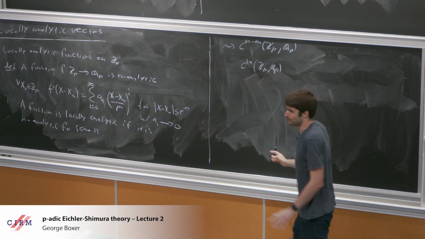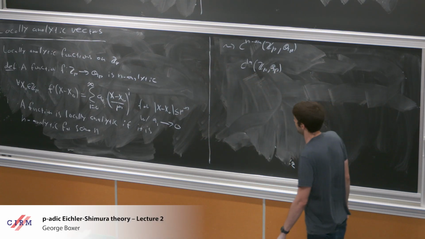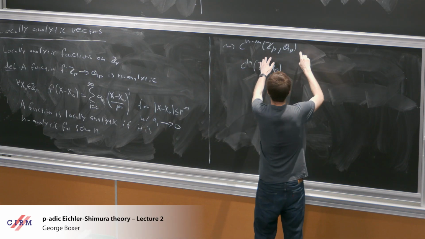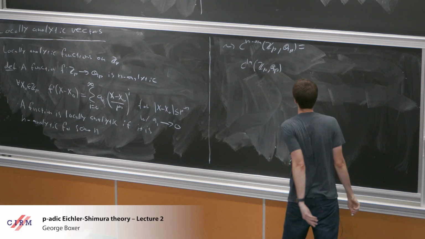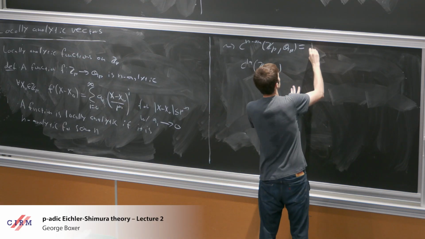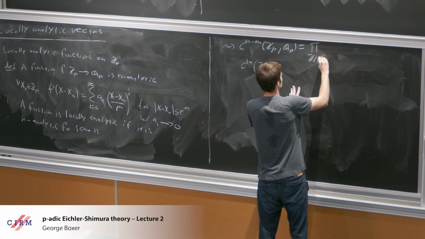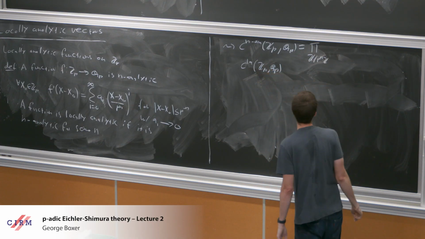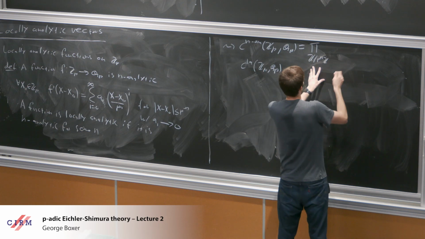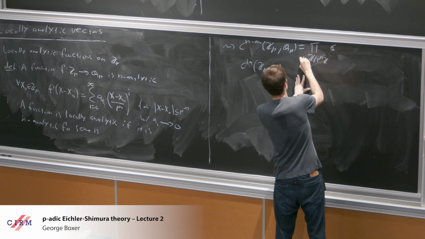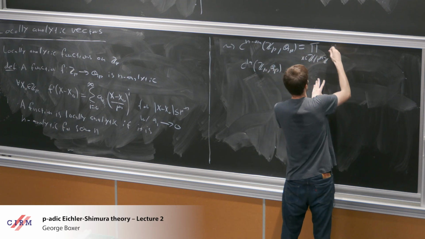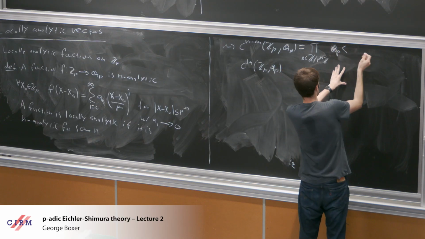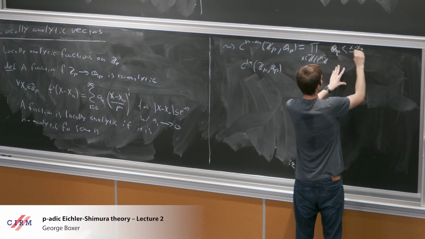And so what kind of spaces are these? Well, this is really just a finite collection of power series, right? So this ring of functions is nothing but the product over z mod p^n Z of convergent power series in (x minus x_0) over p^n.